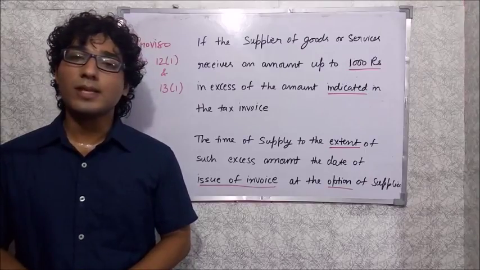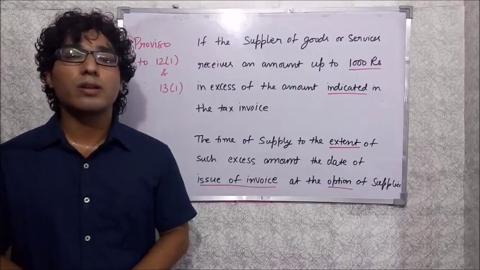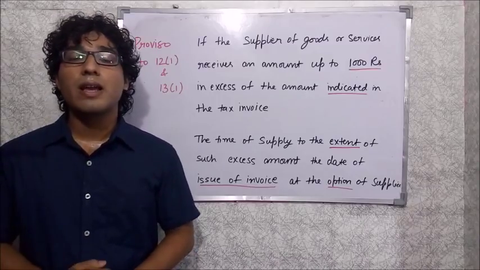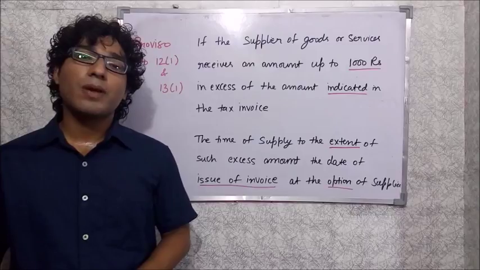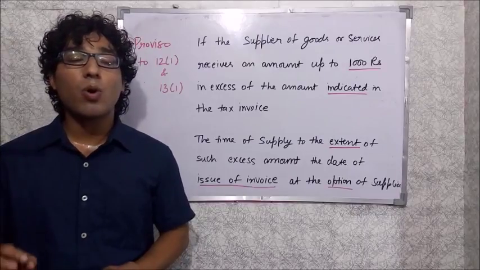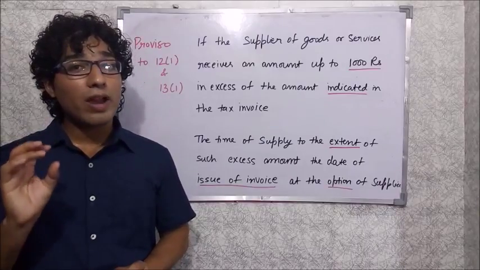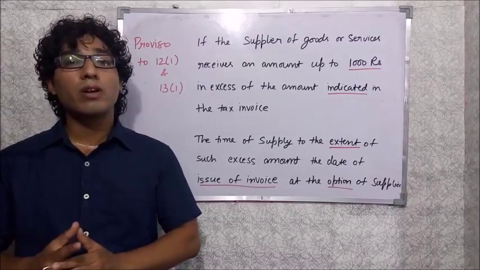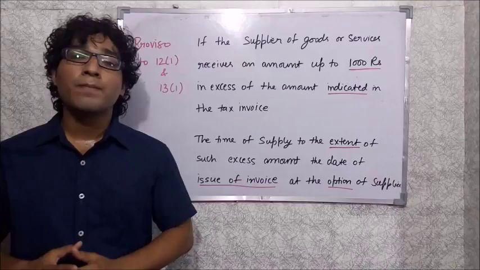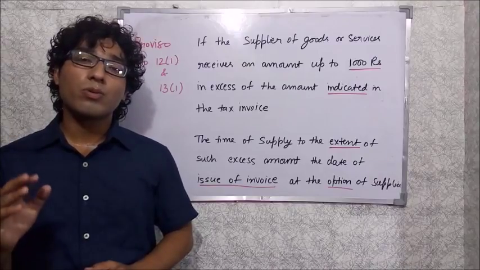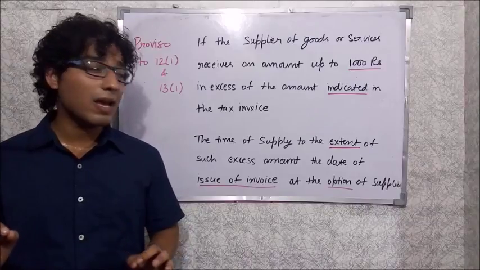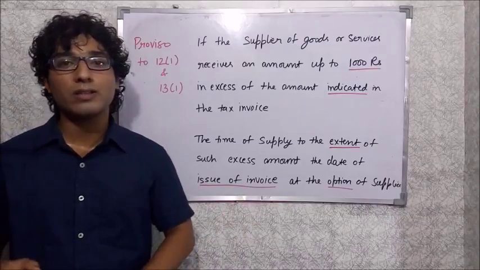Suppose the supplier issued an invoice of 2000 rupees and receives a payment of 2500. Only to the extent of 500 rupees, which is the advance payment, the time of supply of goods or services will, at the option of the supplier, be the date of issue of invoice.